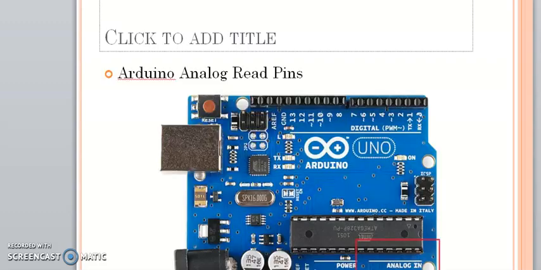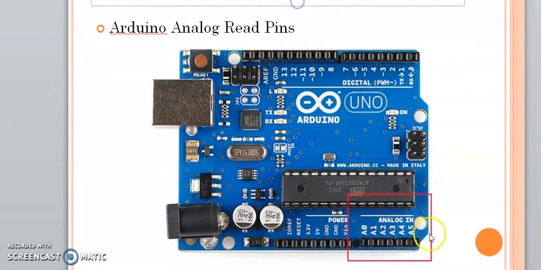Analog to digital conversion is a very useful feature that converts an analog voltage on a pin to a digital number. Not every pin on an Arduino board has the ability to do analog to digital conversion. In Arduino Uno, the set of pins marked with the letter A, as shown in this diagram, are capable of converting analog to digital values.